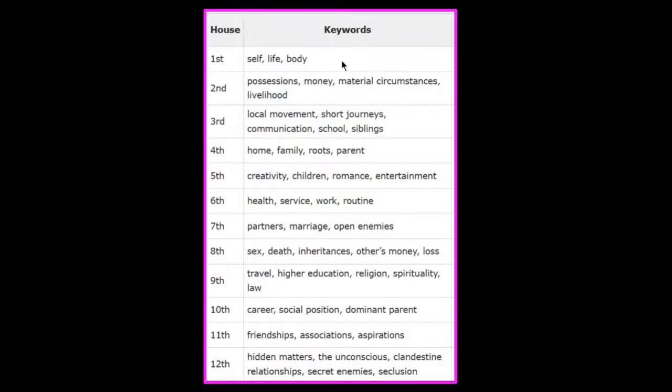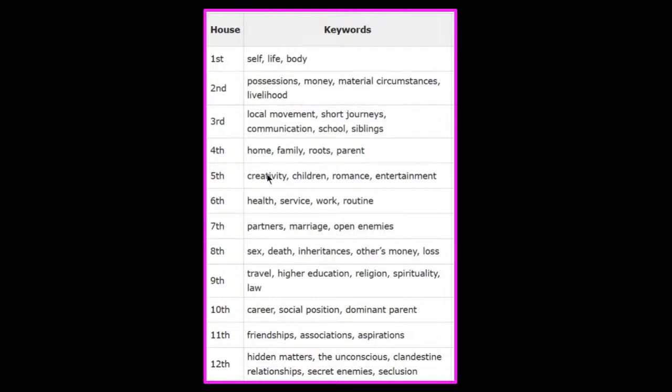Keywords. Again, we're looking at the difference between expressions and interpretations of astrology. So in this example, first house, self, life, body. Second house, possessions, money, material circumstances, livelihood. Third house, local movement, short journeys, communication, school, siblings. Fourth house, home, family, roots, parent.